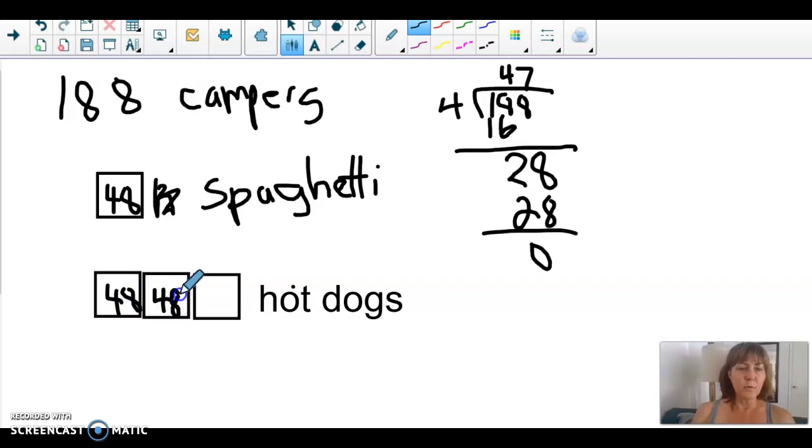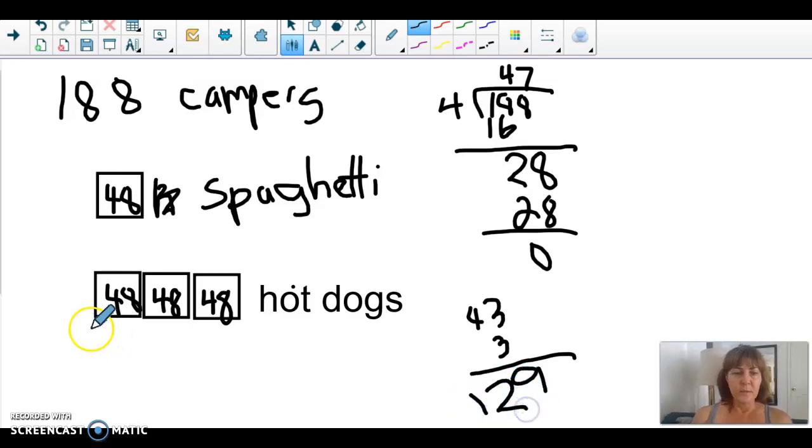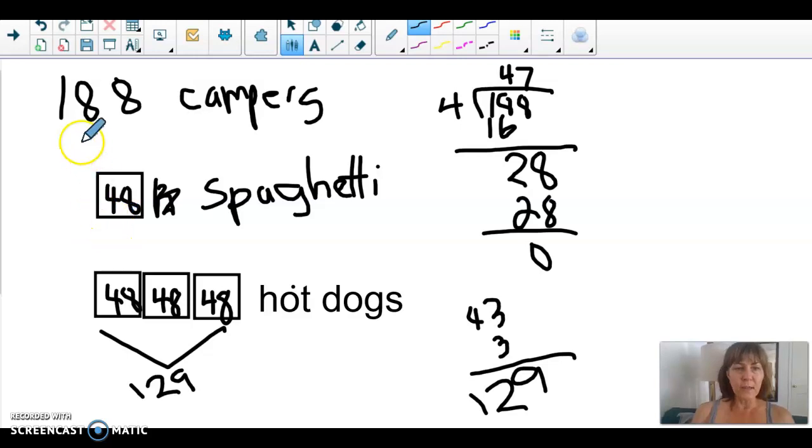So we would have to multiply 48 3 times to figure out how many people wanted hot dogs. So 43 times 3, 3 times 3 is 9, 3 times 4 is 12. So this would be 129. So if I had added 129 and 48, I would get 144.